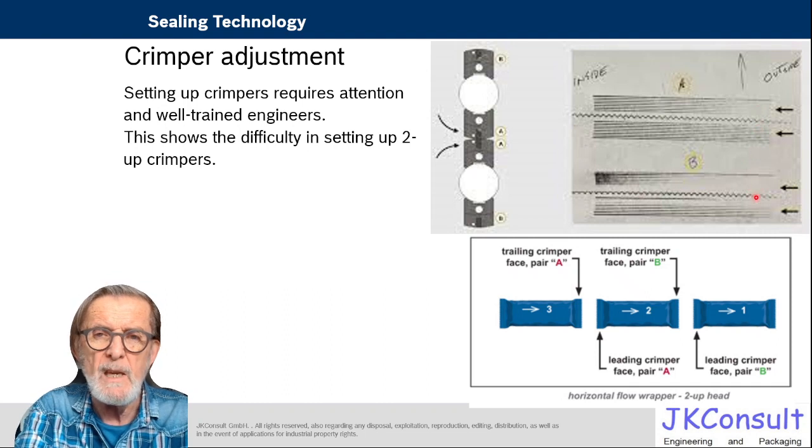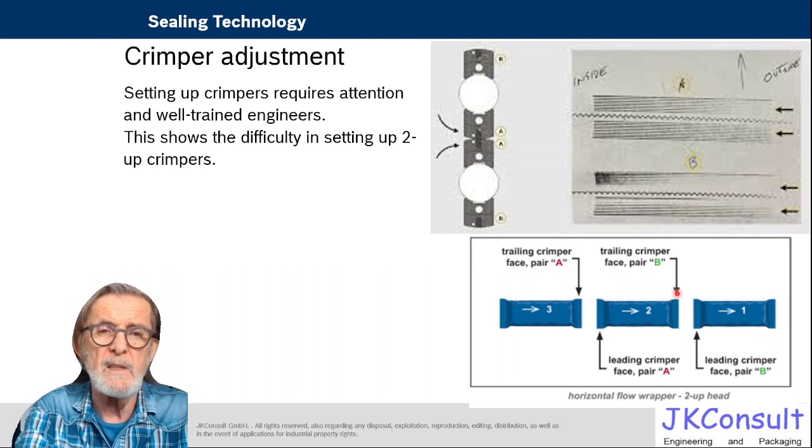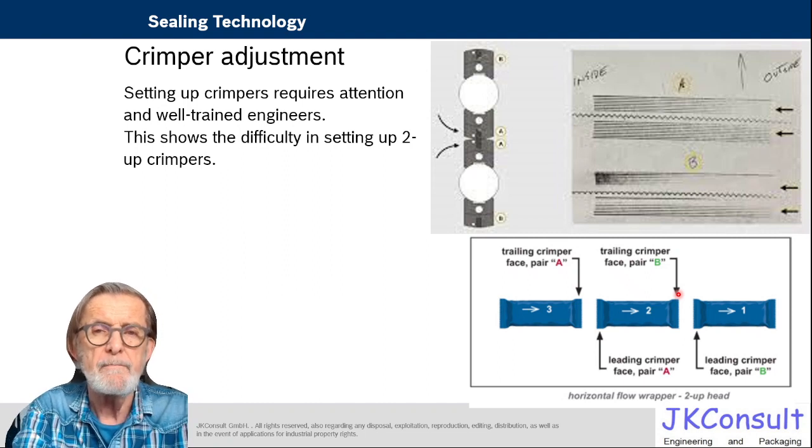They're both on the same side though, but it requires adjustment to get the even dark image with both crimpers. That only will give you a good seal on both, and with a 2-up head. With a 3-up head things are even more complex, therefore you will see that 3-up crimper heads are made out of one single piece.